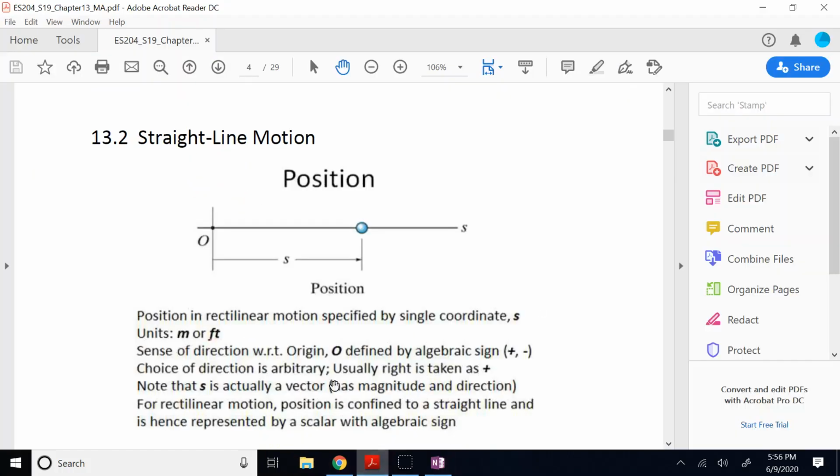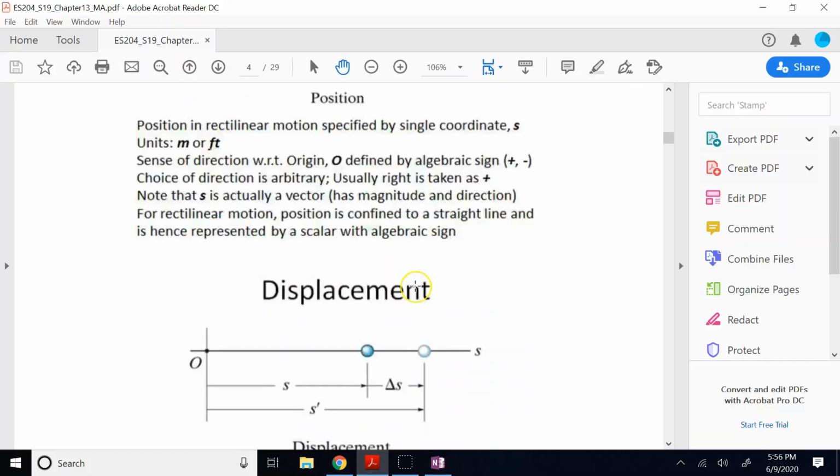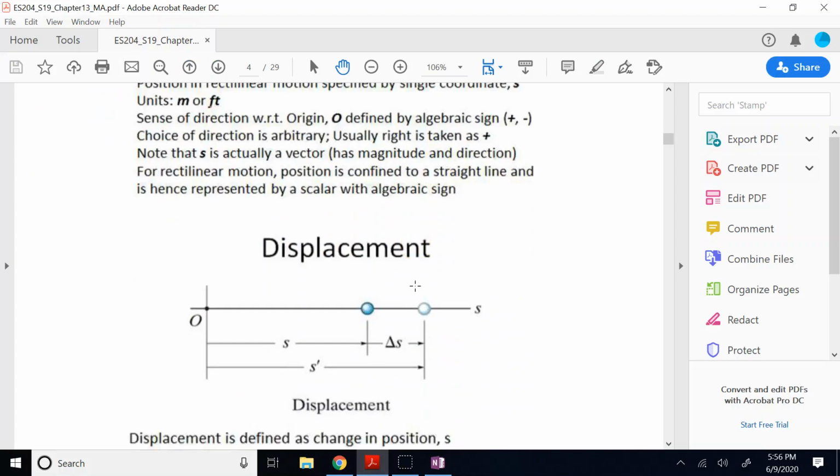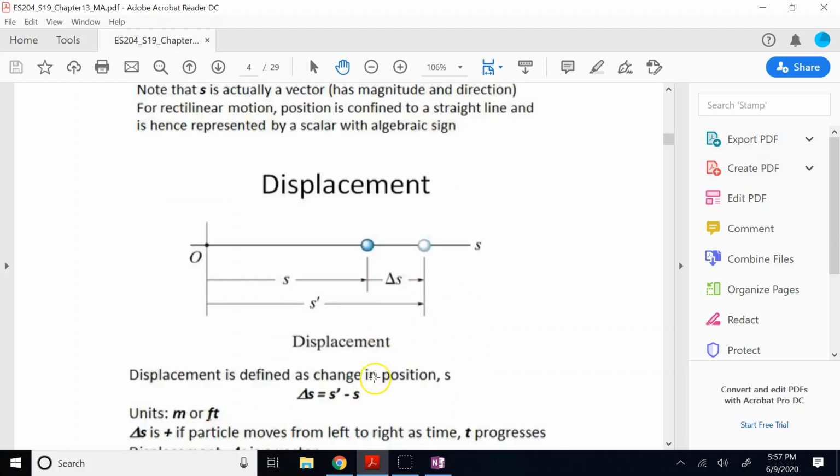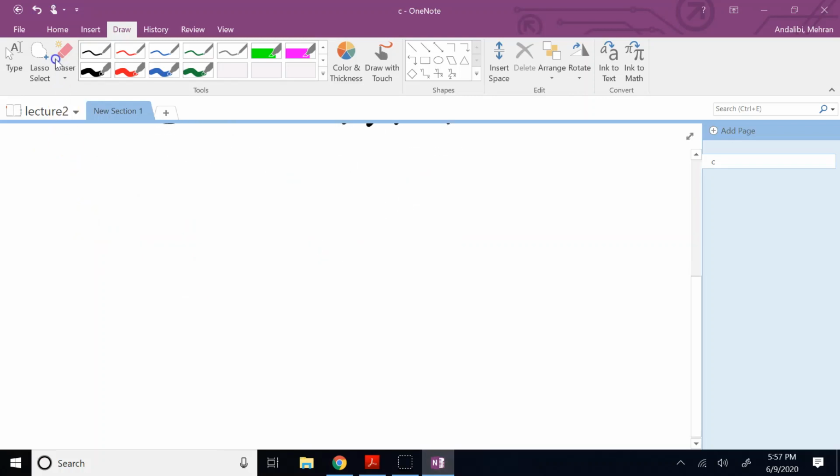Now, displacement, of course, is defined as the change in position. So if initially you are at position S and then next you are at position S prime, then delta S is the difference between S prime and S. And of course, this displacement can also be considered a scalar, but with a sign. So if delta S is positive in this case, it means what? Assuming that the positive direction is to the right.